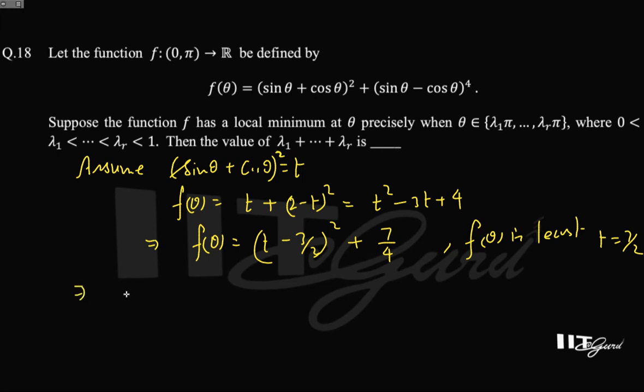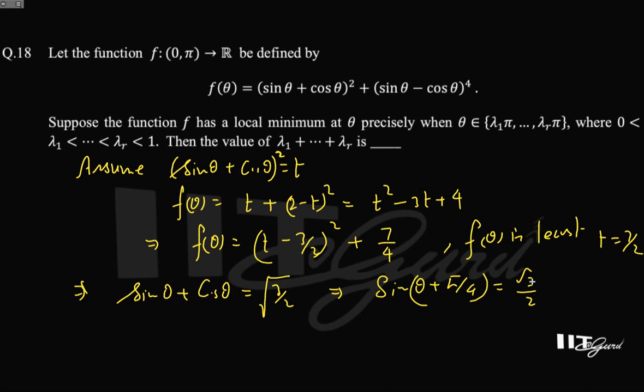Hence sin theta plus cos theta is root of 3 by 2, and hence sin of (theta plus pi by 4) is root 3 by 2 divided by root 2, if you divide and multiply by root 2 on both sides, so you can make a single function. In this way, theta plus pi by 4 takes the value pi by 3 or 2 pi by 3, under this condition.